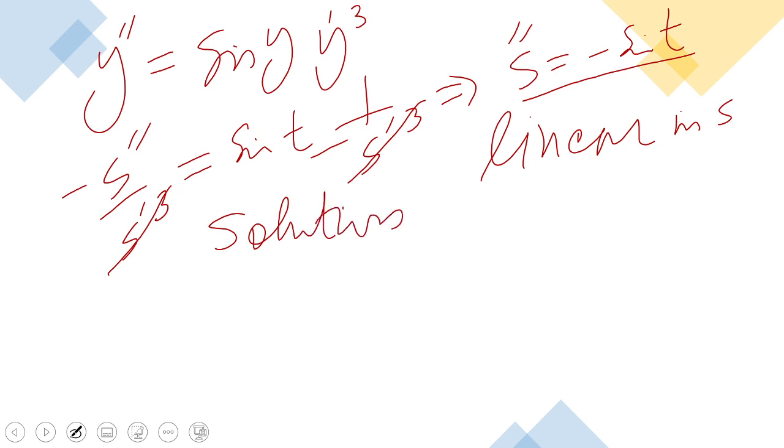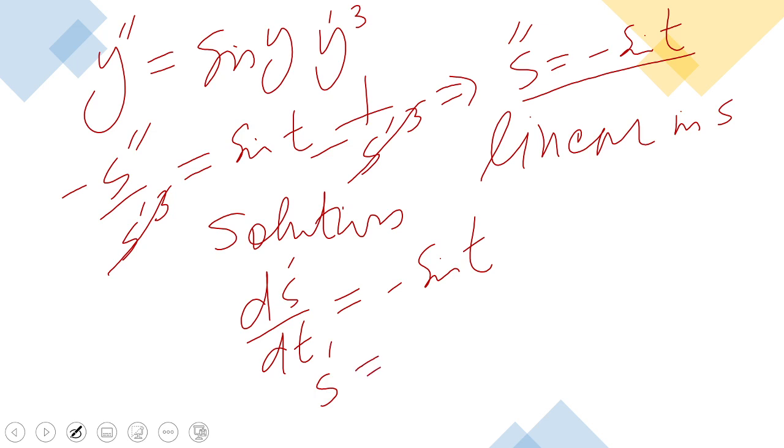Solution: you see ds dash over dt is equal to minus sine t. So when we integrate it, we will get s dash equal to, integrating with respect to t, sine t integrates to minus cos, so I get cos t plus some constant of integration.